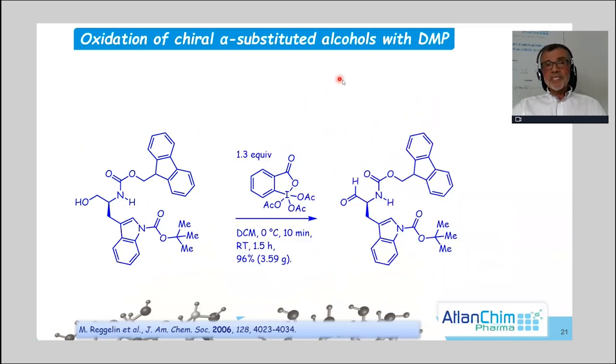As presented on this slide, oxidation of this N-protected amino alcohol derived from tryptophan with Dess-Martin's reagent proceeds in excellent yield in around 4-gram scale without notable racemization here at this center.